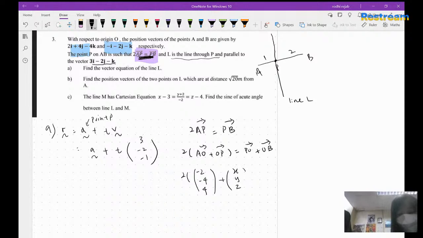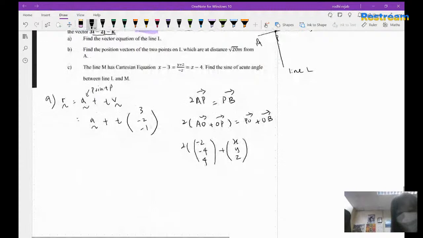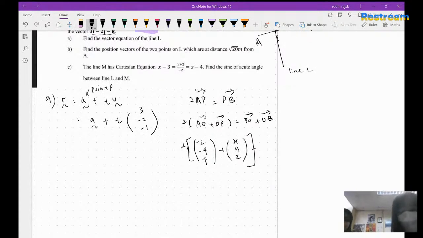Why is the value in the question 2, 4, -1, but I have to reverse the sign? It's because the question gives OA, and now I'm using AO. So I'm going to reverse the sign. It equals PO. Just now OP I assumed is x, y, and z. So now PO is equal to -x, -y, and -z.